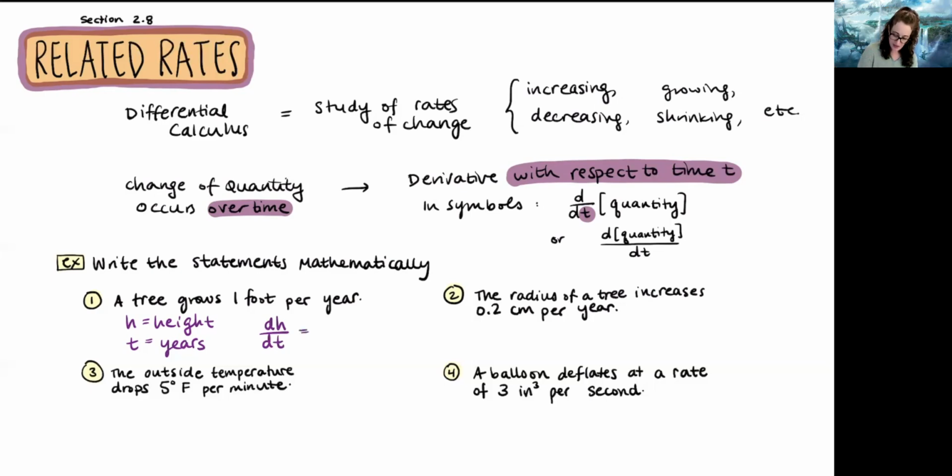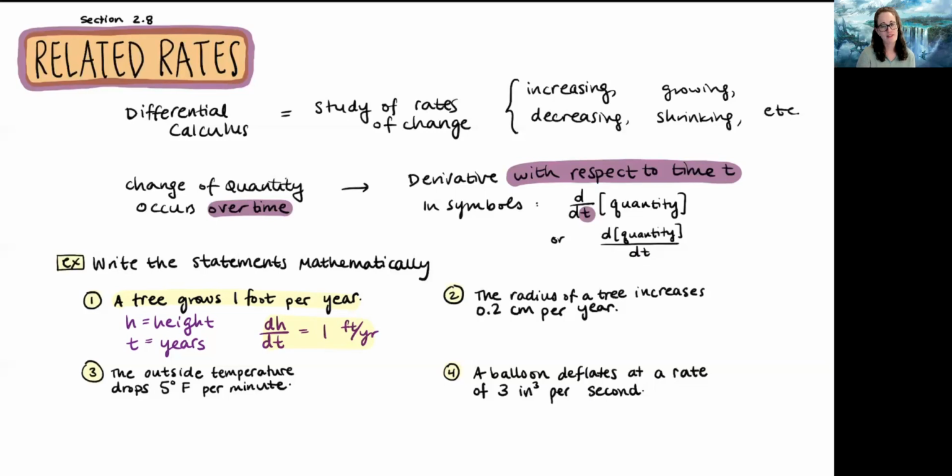That is increasing because of growing, so it has a positive rate of change, and it'll be 1 foot per year. That's how we would translate this into a mathematical symbol. This whole sentence, a tree grows 1 foot per year, can be neatly condensed as dh/dt equals 1 foot per year.